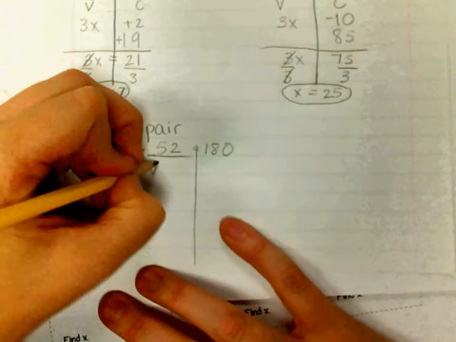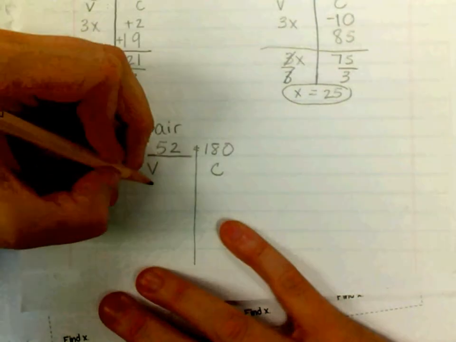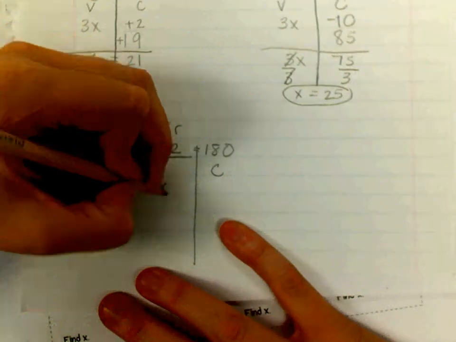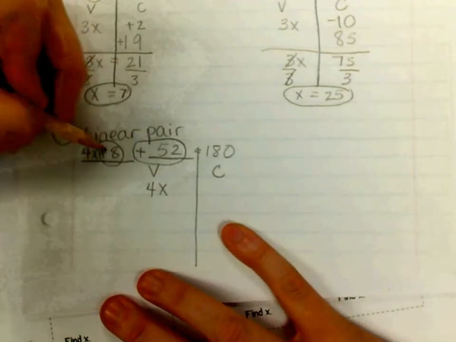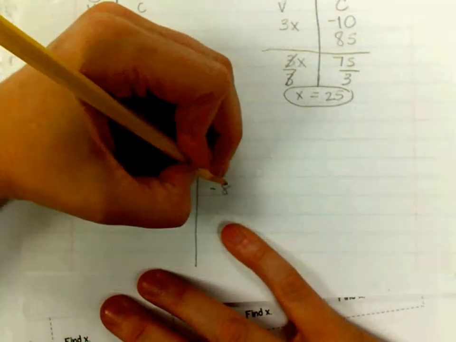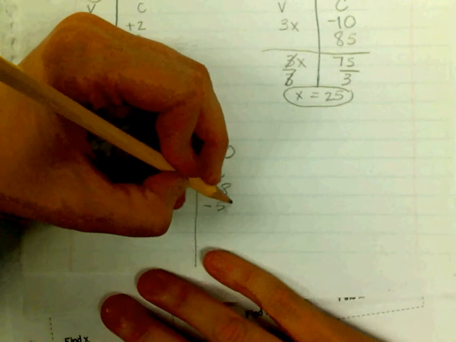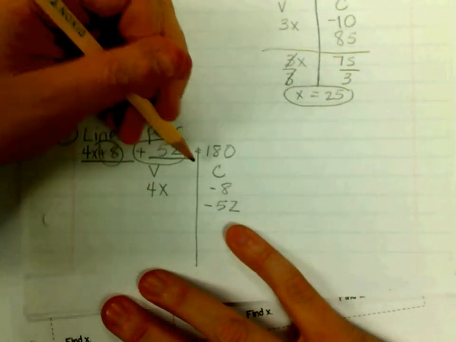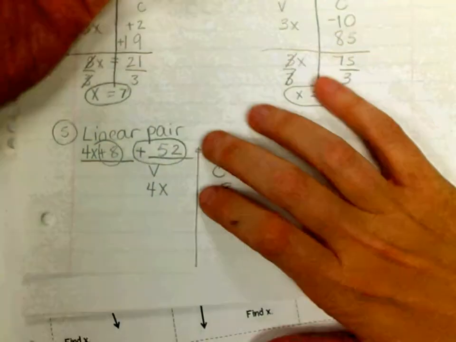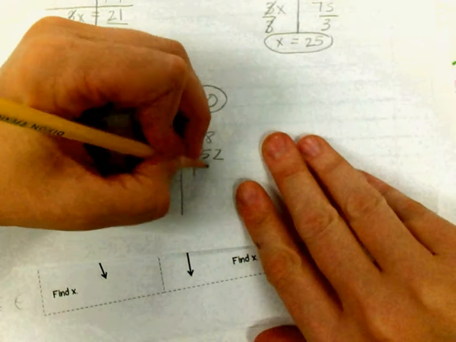Alright, variables here, constants here. My variable term was 4x. My constants were positive 8, but I have to make that negative 8. Positive 52, but I make that negative 52 because I'm switching their sides, so they change signs. So remember, that's the only rule that you have to follow. And then 180, can't forget about that one.